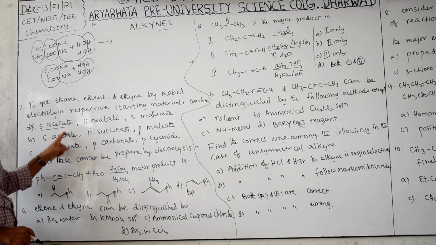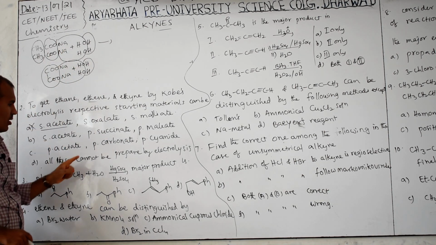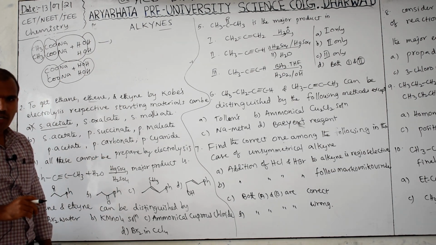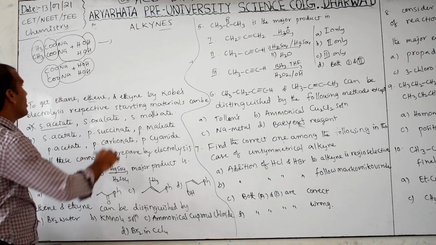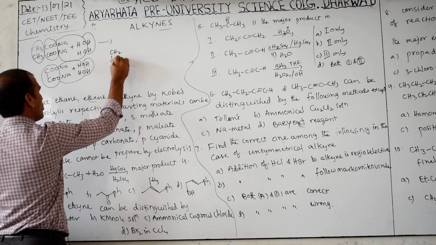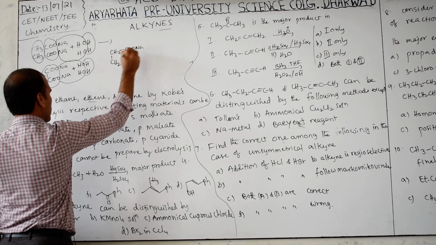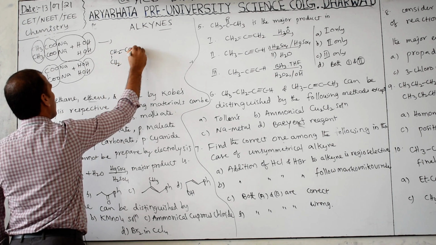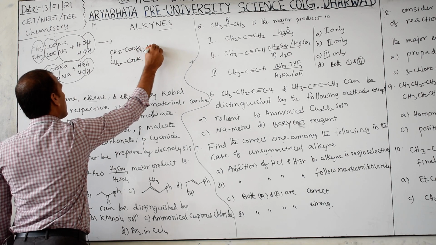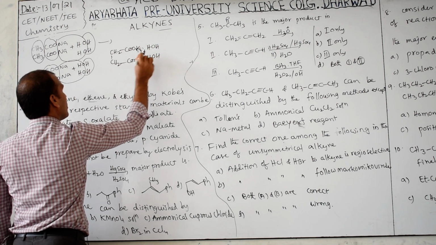Sodium acetate is there. Already we studied, possible. Then sodium succinate. Last class somewhere I told you that. Then succinate means what? CH2, CH2, COO-Na, potassium, you can write potassium, no problem, COO-K plus water. Then what happened?